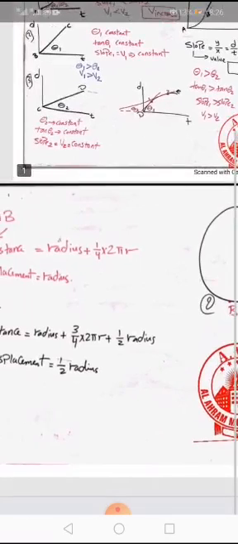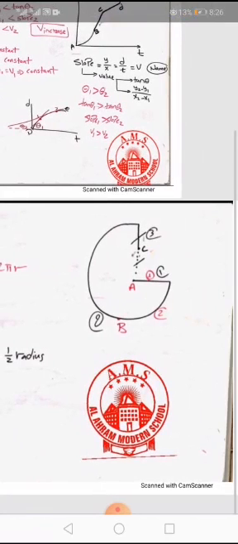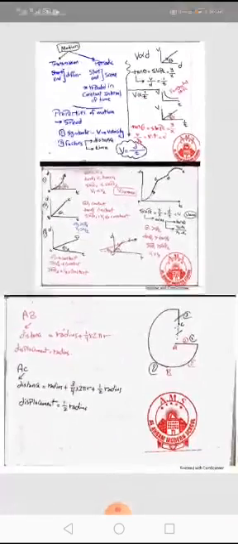So the distance is the radius plus a quarter of the circumference. While the displacement is the shortest distance, so from A to B it is a radius. So the displacement at this point is the radius.